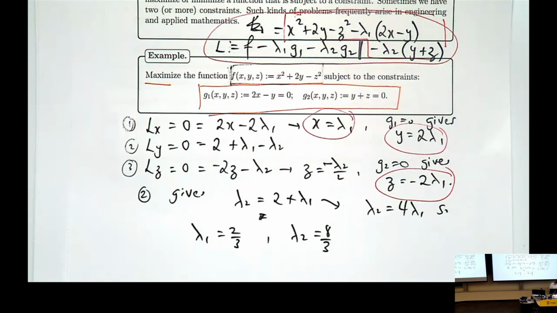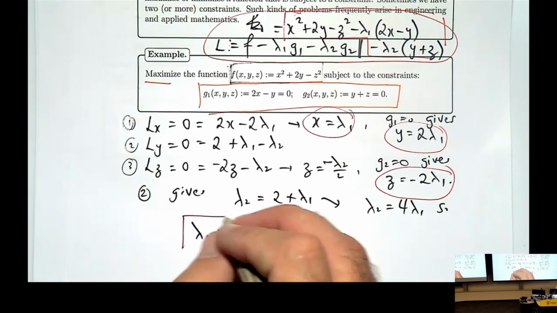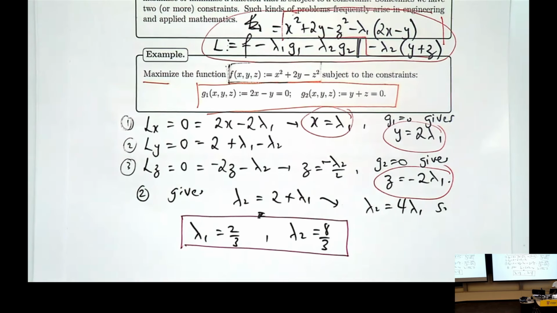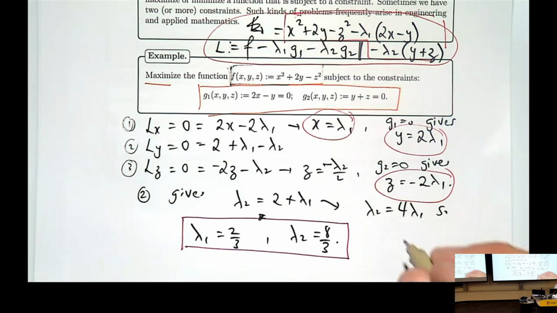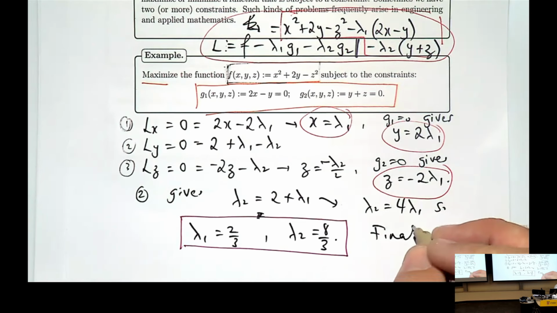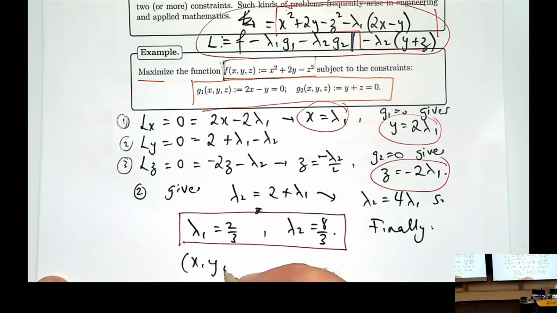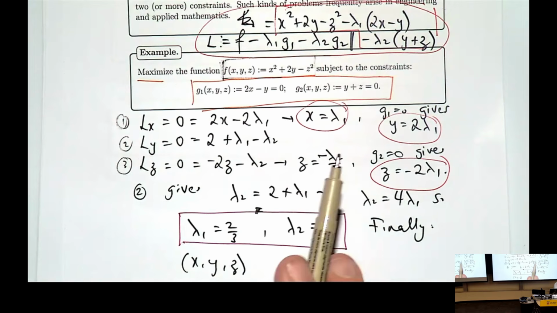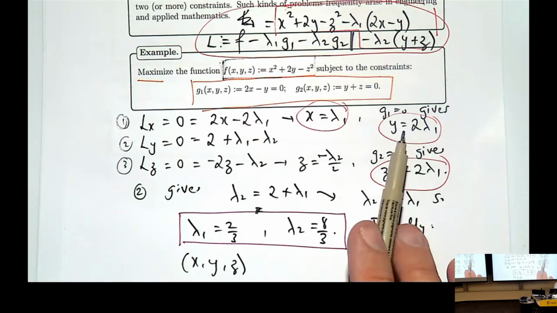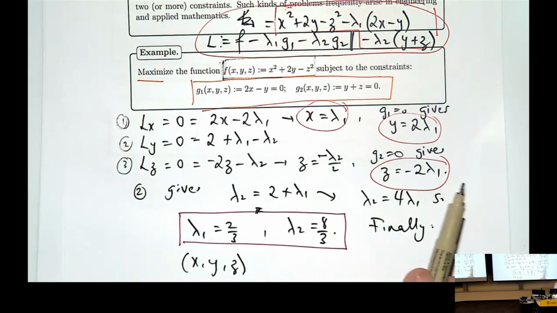This is what I got. And now we have those, we can just go back and get our x, y, and z point. Great. So x equals lambda 1, y equals 2 lambda 1, z equals that.